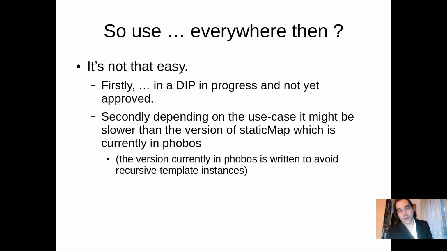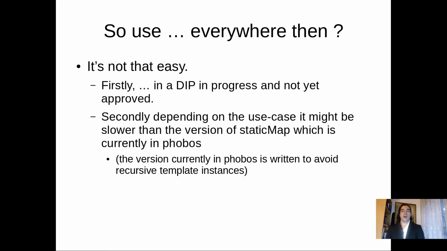So, if it is 1.6 times faster, should we use it everywhere? Well, as you can see on the slide, it's a DIP which is in progress, and it's not yet approved.